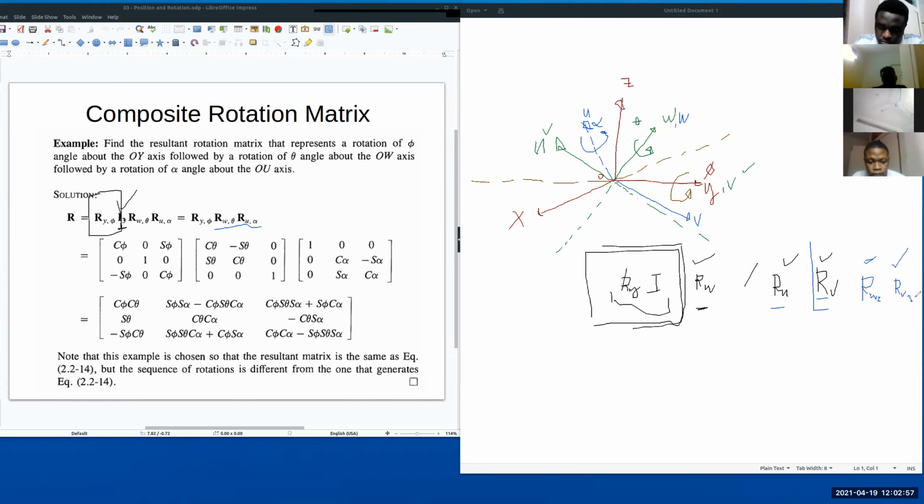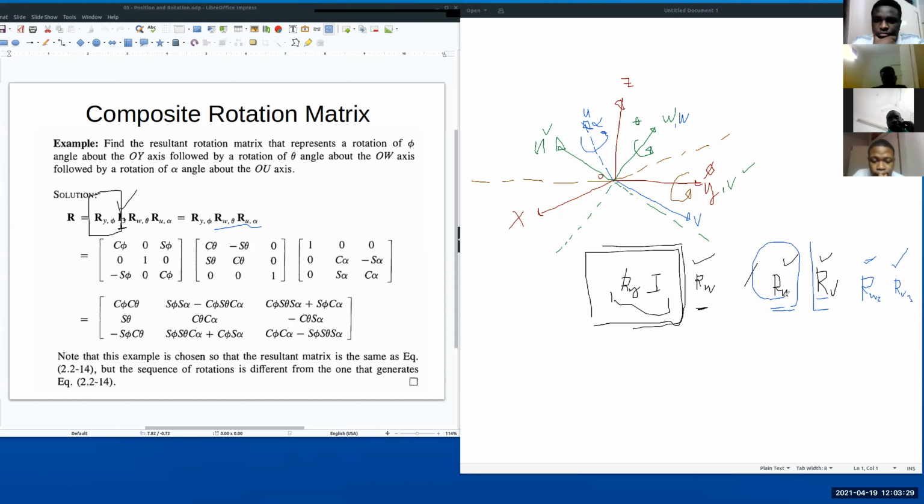You keep on post multiplying, yeah, because you rotate to the next reference frame, you post multiply. You rotate to the next frame, you post multiply. But in the process of post multiplying, you can see that actually RU is pre-multiplying RV. Right? You see that? This is pre-multiplying RV.